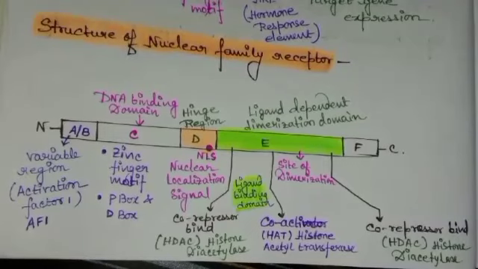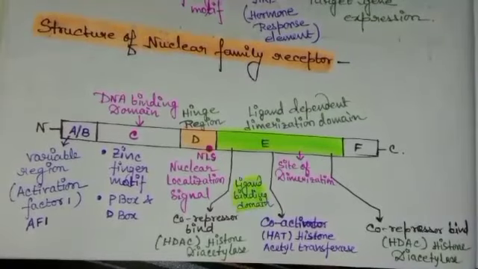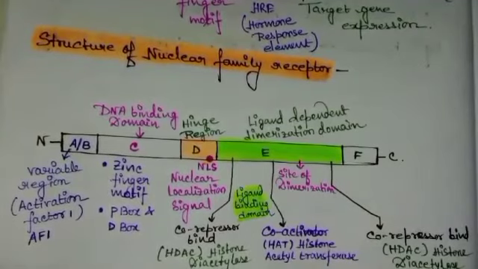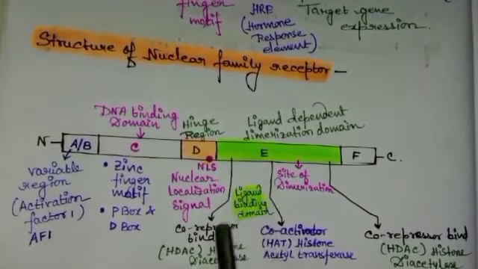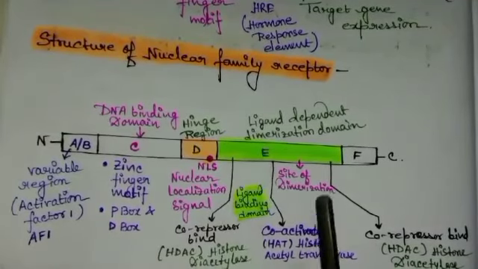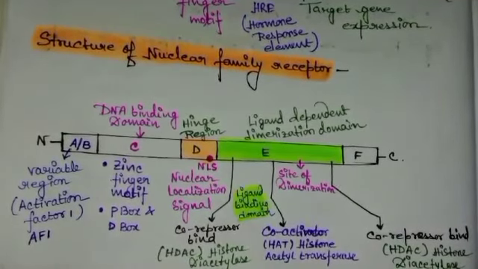So NLS is a type of identity card that helps to cross the barrier and permits the protein to enter the nucleus. That is NLS. The E region is the ligand dependent dimerization domain where co-repressor binds, co-activator binds, and it is a site of dimerization where nuclear family receptors dimerize.